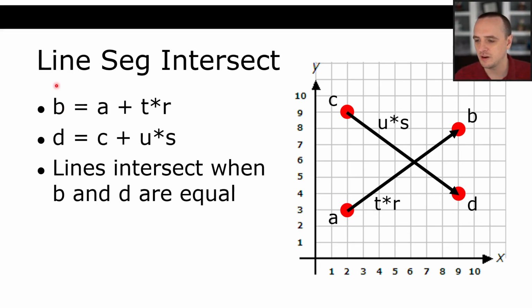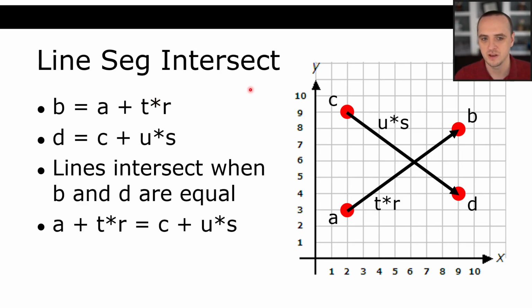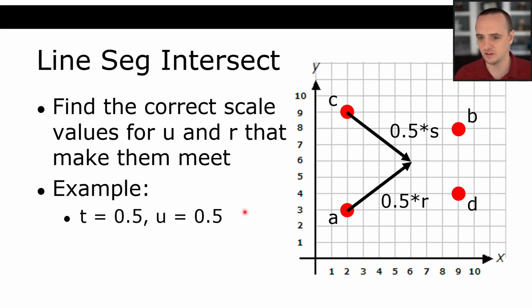So if we want to find where B and D are equal, then we'll assume that they're equal, and we'll take this value and set it equal to this value, right? Really simple derivation of stuff. So we have A plus T times R is equal to C plus U times S. And this is what we had on this slide.